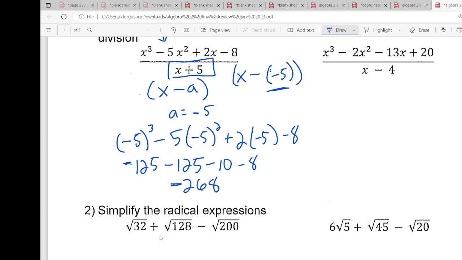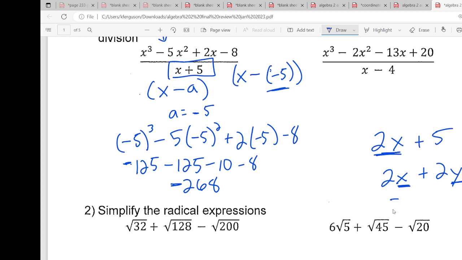Adding or subtracting radicals is kind of like adding or subtracting variables. You need to have the exact same thing in order to add or subtract. For instance, if I've got 2x plus 5, that's as far as I can go because this has a variable and this doesn't. If I have 2x plus 2y, that's as far as I can go because even though I've got variables, the variables are different.